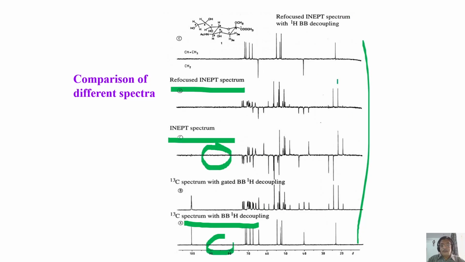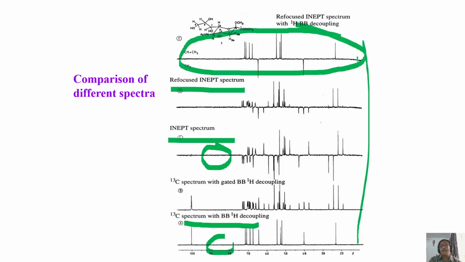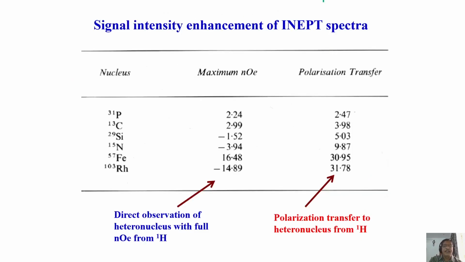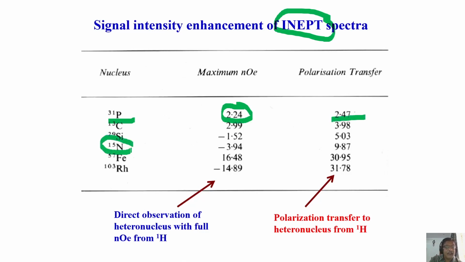And no doubt, the refocused INEPT spectrum with broadband decoupling is definitely a better spectrum. So the maximum signal intensity enhancement you can see is different for different nuclei. Phosphorus 31, if you directly observe with NOE and decoupling with proton, you get 2.24 times enhancement. If you do polarization transfer, you get 2.4. Most important is look at nitrogen 15.